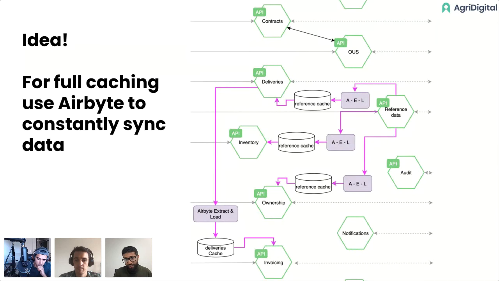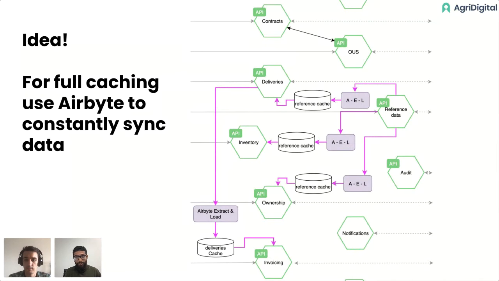The idea is that we want to have Airbyte literally sitting in between our microservices, and specifically for the reference data, having that cached every 5 minutes or so, or every period, back into each of the services that need it. So it's a constant data sync that we're trying to utilize.